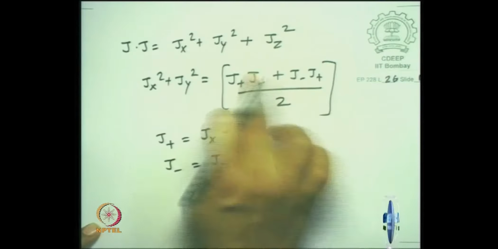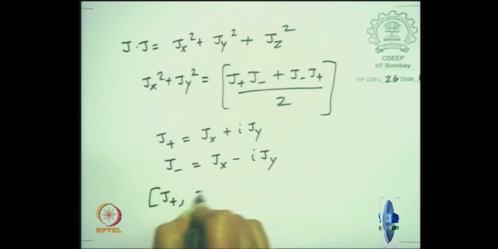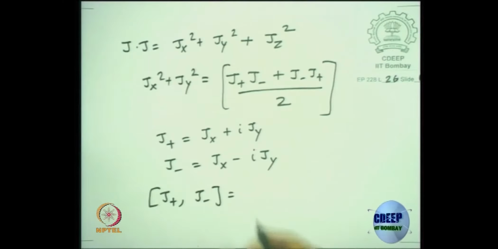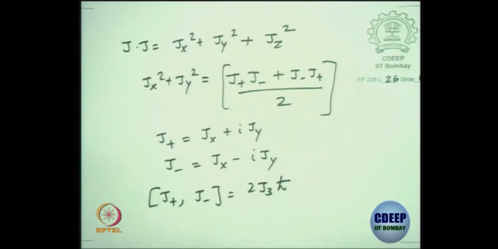Quantum mechanically, you have to symmetrize it so that it takes care of the fact that J plus and J minus don't commute. So you've seen that the commutator of J plus with J minus is twice J3 h cross. Maybe I missed the h cross there, I should put the h cross.